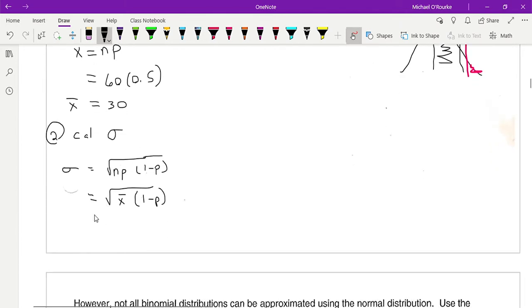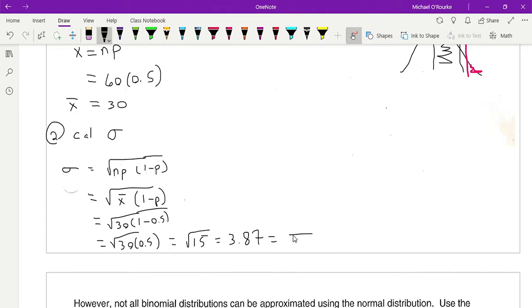So this here now is the square root of 30 times 1 minus 0.5, which is equal to the square root of 30 times 0.5, which equals the square root of 15. 3.87 is your standard deviation.